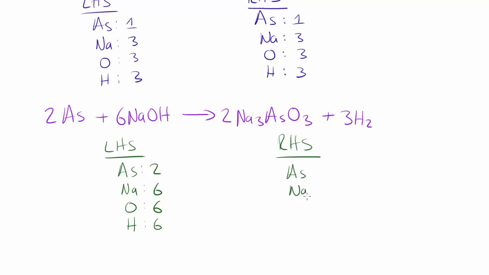And similarly on the right hand side, for As, we've got 2As, right? Then Na3 times 2, so that's going to be 6. O3 times 2, so that's going to be 6 as well, right? And then H2 times 3, so that's going to be 6.